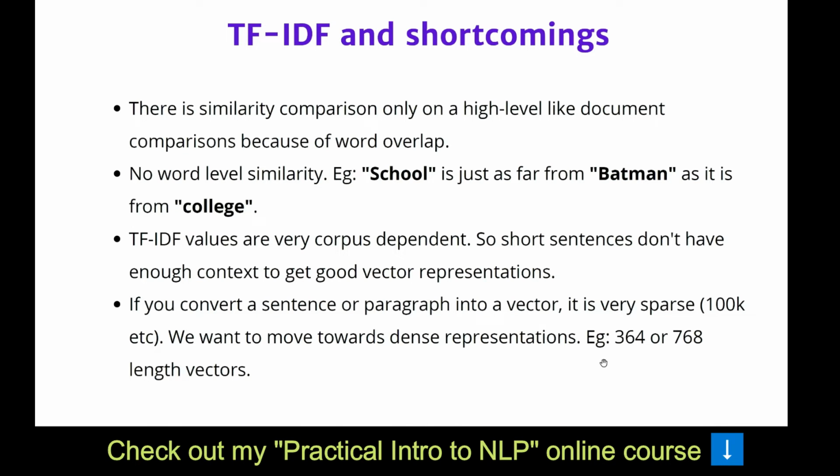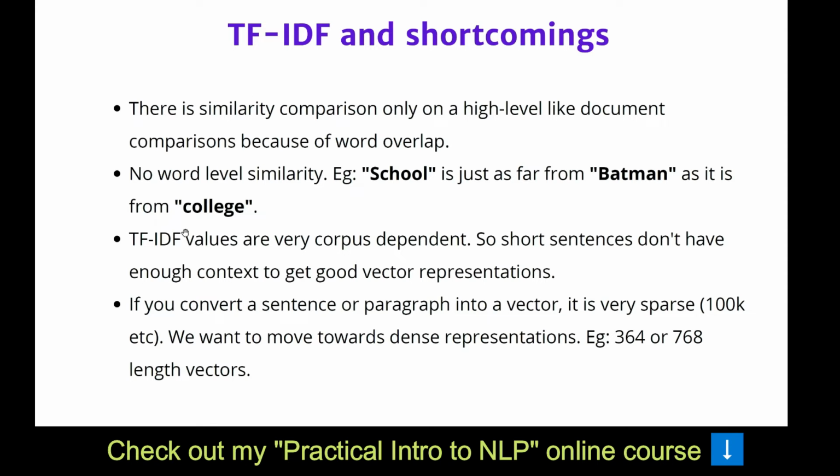You can already see some shortcomings of TF-IDF, because you can only do similarity comparison or classification at a very high level at the document level, since you are essentially comparing word frequencies and word overlaps.